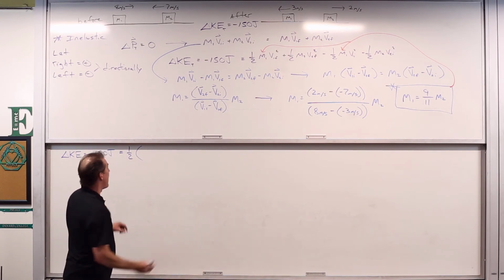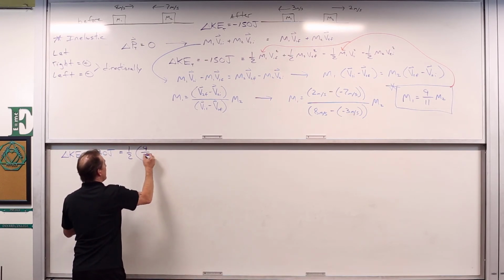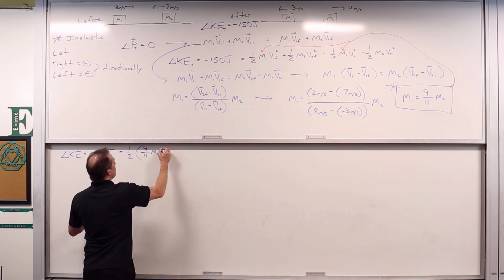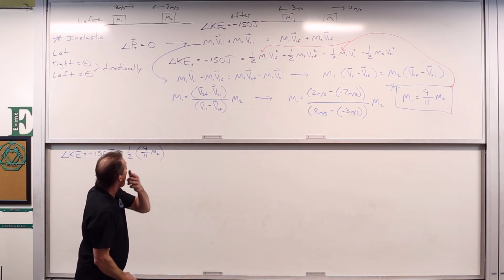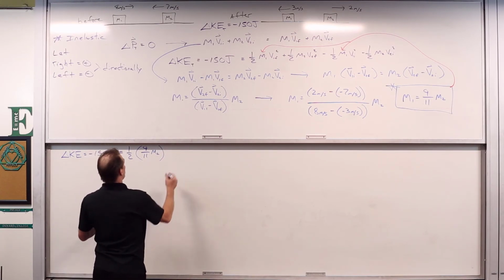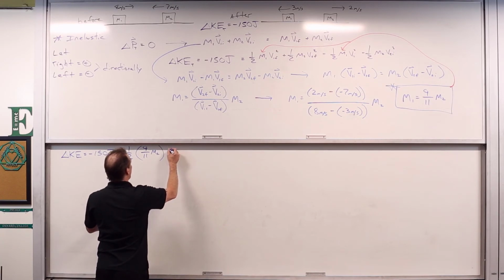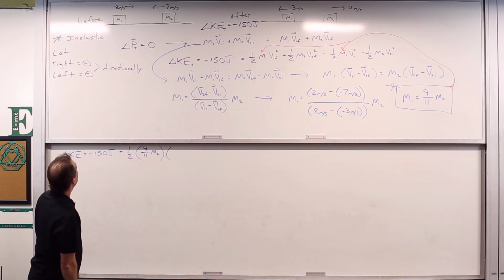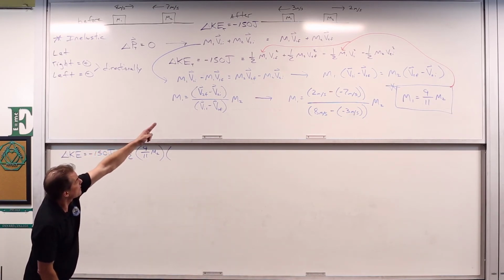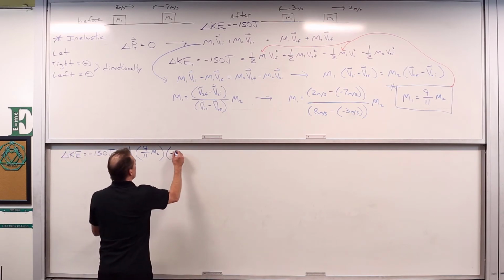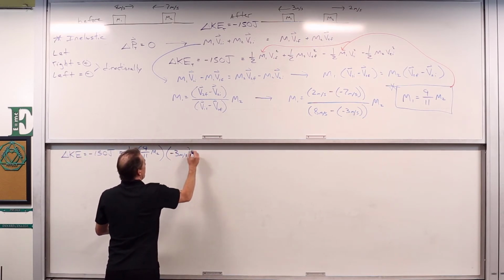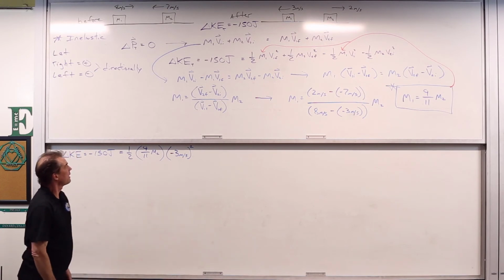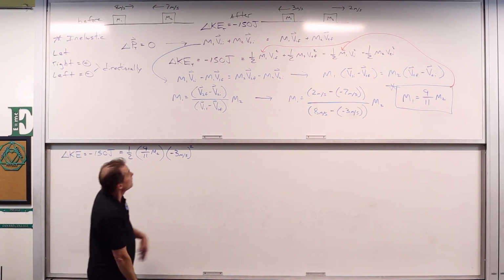Well, M1 is 9/11ths of M2. 9/11ths M2 multiplied by V1 final squared. Well, V1 final is negative 3 meters per second. That quantity squared though, so that negative sign's not going to really matter.